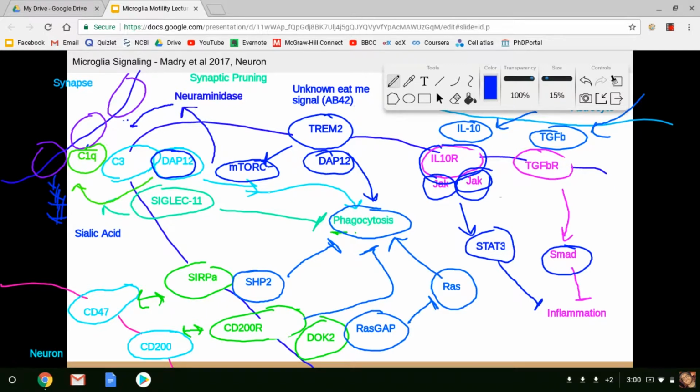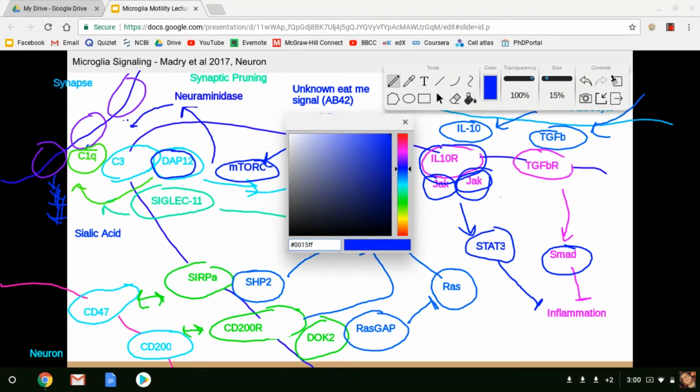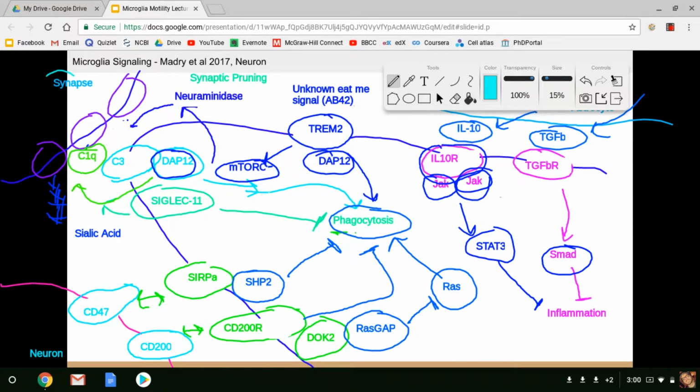So there's a lot to digest in this slide. Let's go through it one by one. So we have our synaptic pruning events. Basically, these receptors lose their sialic acid groups due to the action of neuraminidase. Neuraminidase can be released by microglia, where it starts cleaving the sialic acids.